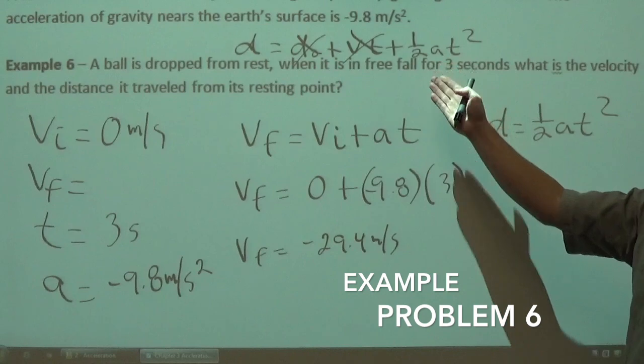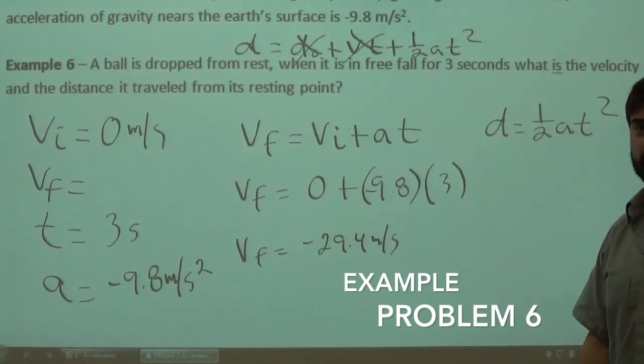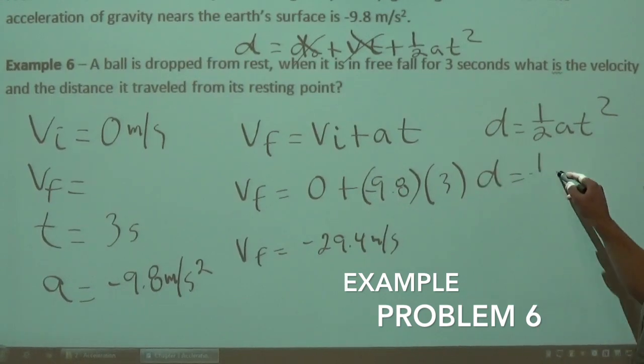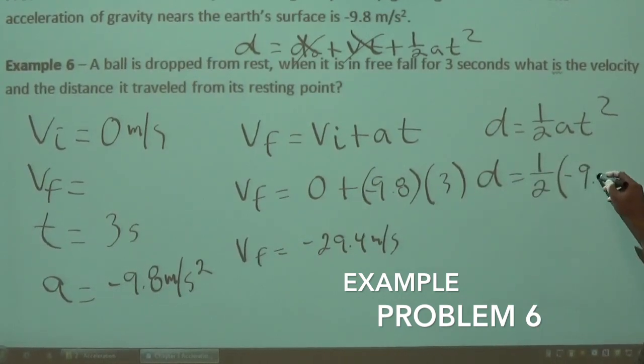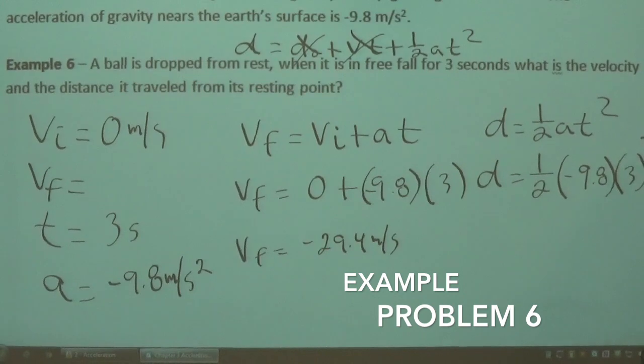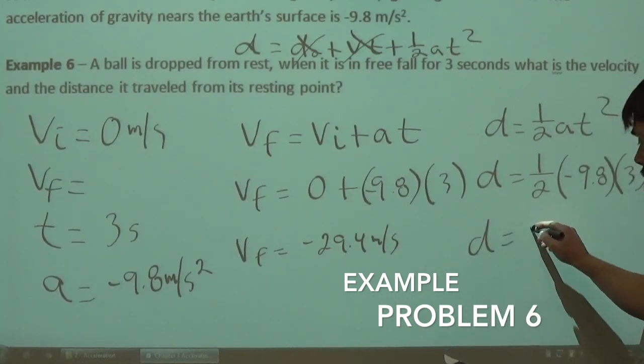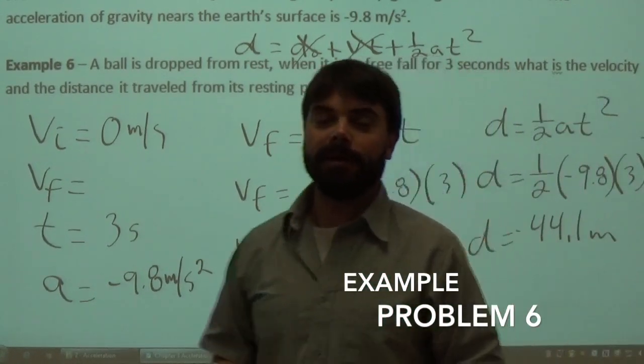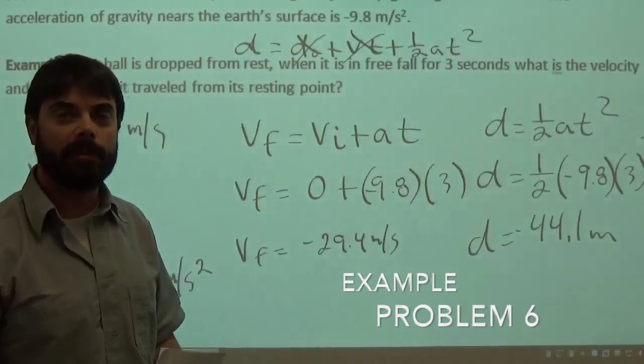A simplified version of what we had before. All we need to worry about is acceleration and time. So plug in the variables that we got. And we'll find out that the distance was a negative 44.1 meters.